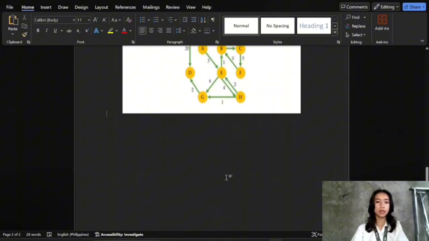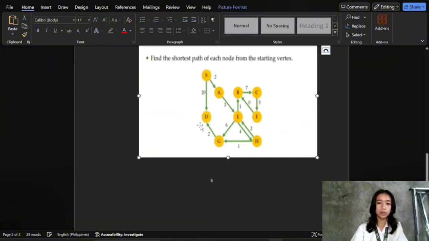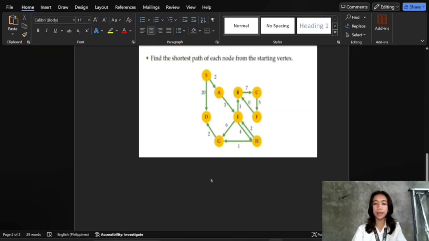First, S, we need to put an arrow, pero hindi na kasi para hindi na magtagal. S to S equals 0. This is the starting point.